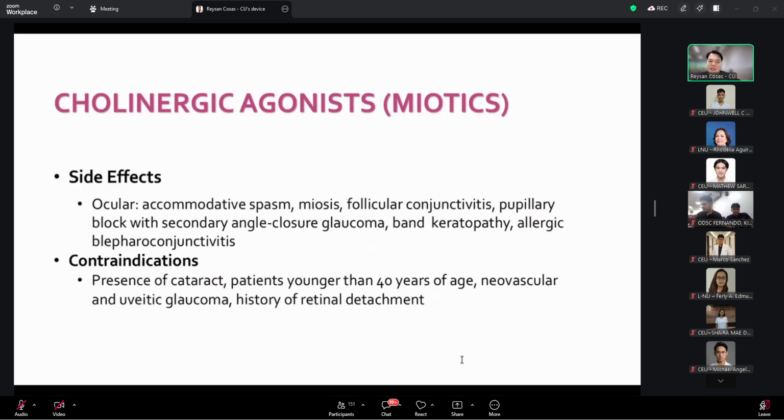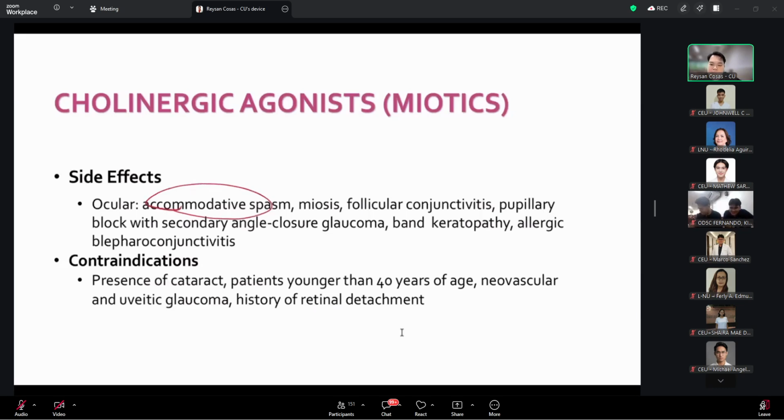So, what are the side effects of pilocarpine? Pilocarpine and other miotics, again, are not frequently used anymore, but they have well-documented side effects. Number one is accommodative spasm.